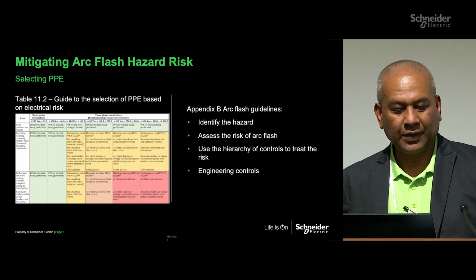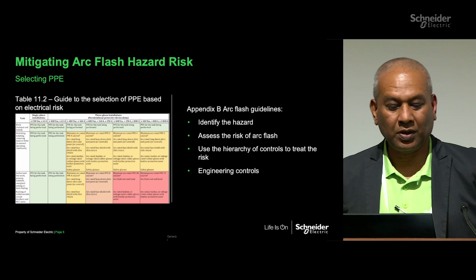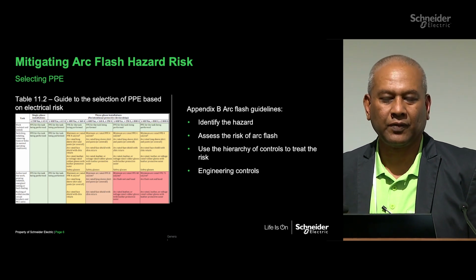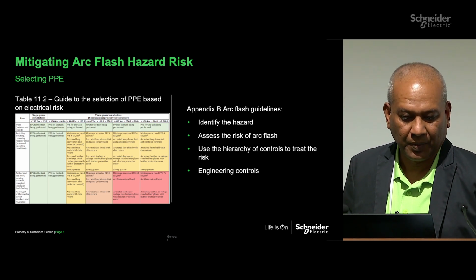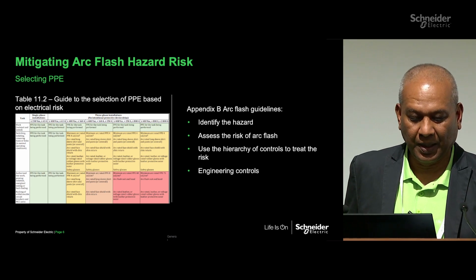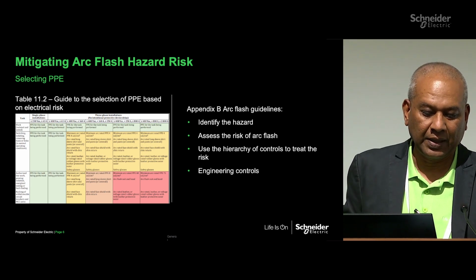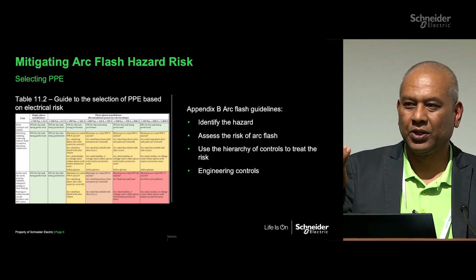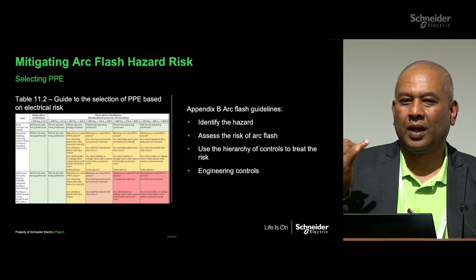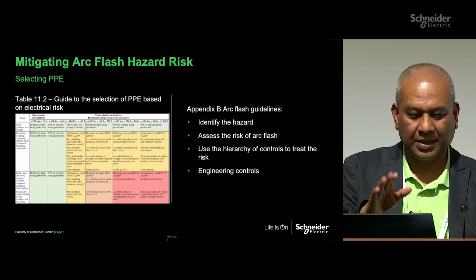And here's an extract from the standard on how to select PPE for various arc flash levels. It is based on criteria defined in the standard in terms of voltage, single phase, three phase, currents, and such like.